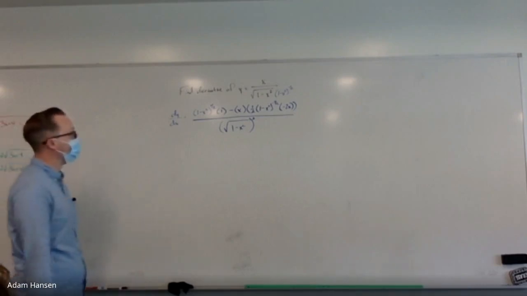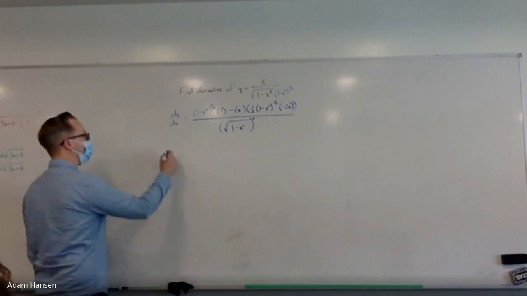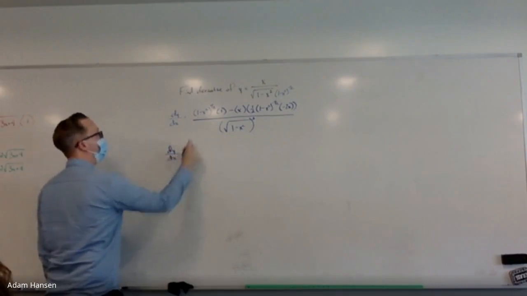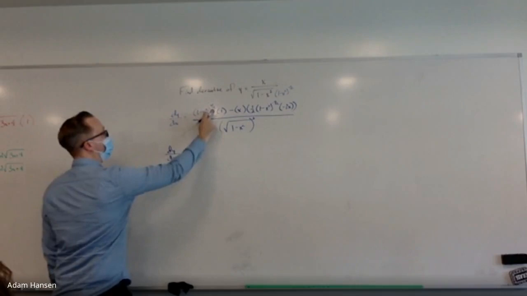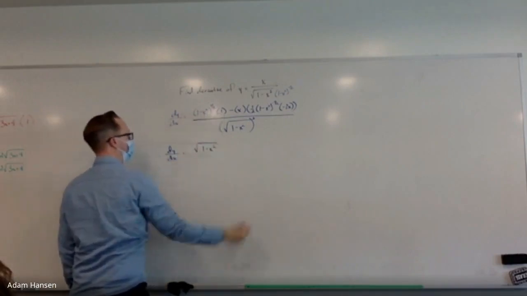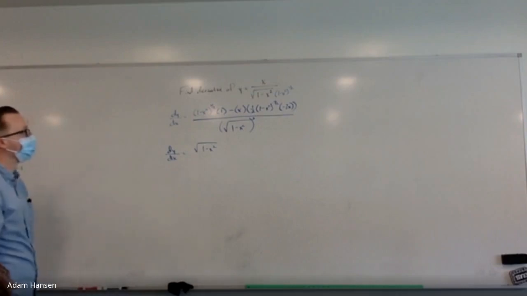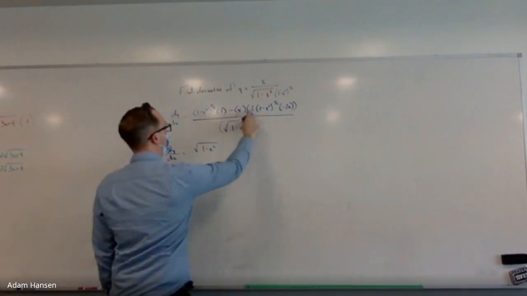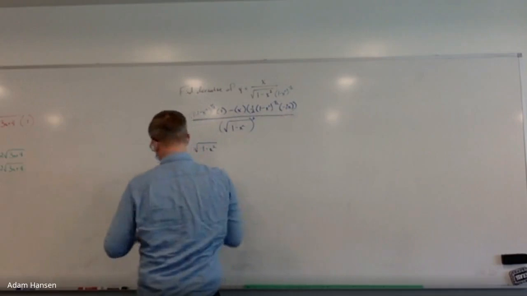I want to work on simplifying this as much as possible because it looks pretty gross right now. 1 minus x squared to the 1 half times 1 is just the square root of 1 minus x squared. Minus x times a half times negative 2x.